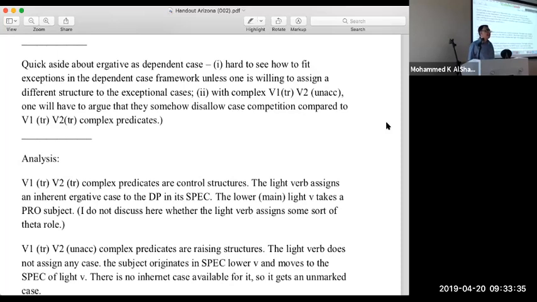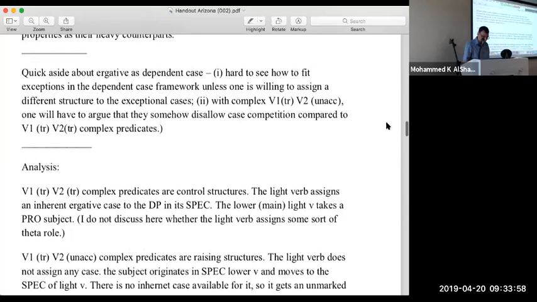But then he expresses hope that maybe all of it is dependent, and in a paper with Jonathan Bobaljik, he shows how to go about it. It's an interesting line of reasoning, but I'm presenting data here which would be challenging for that theory. Okay. All right.